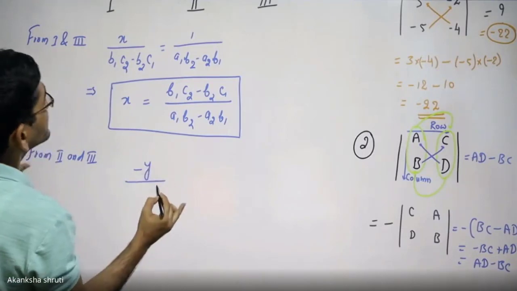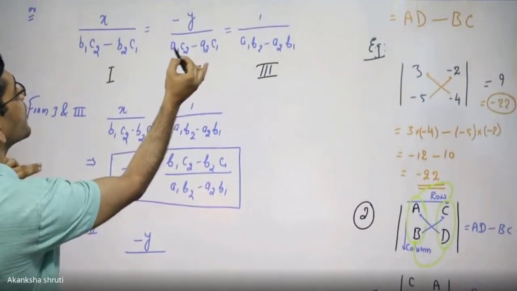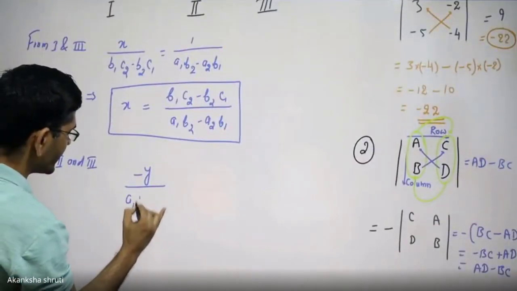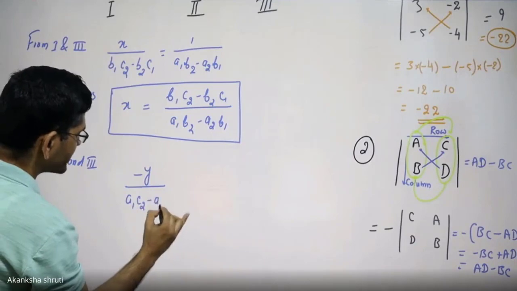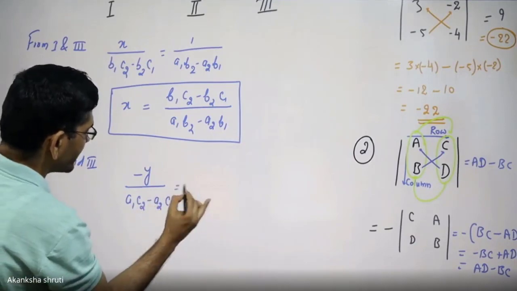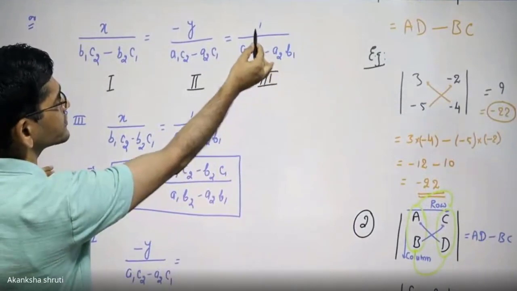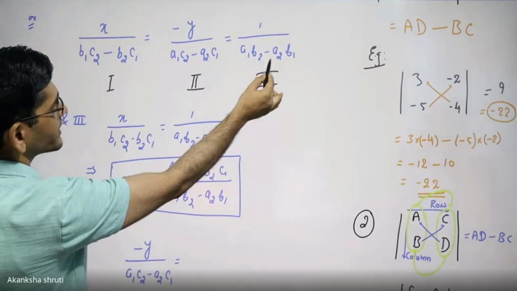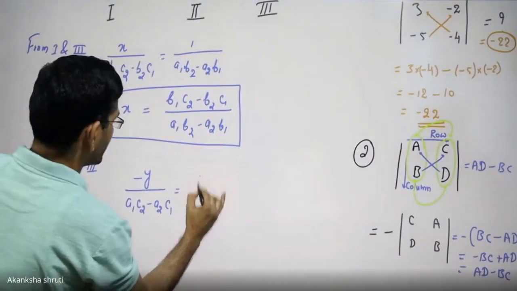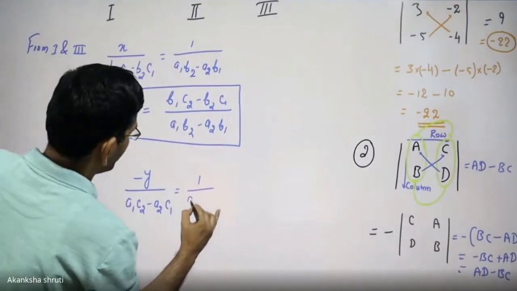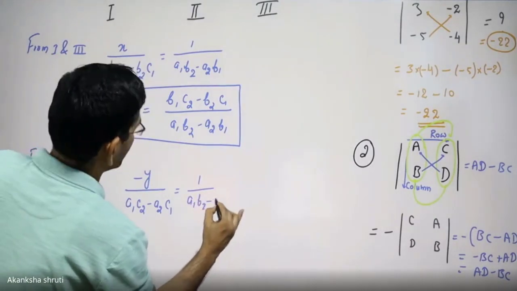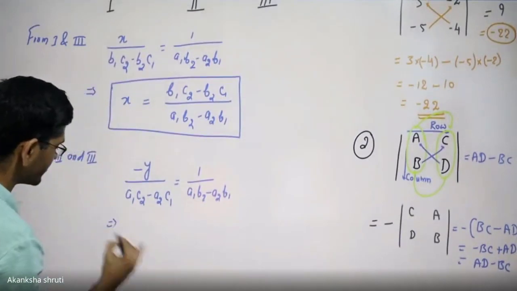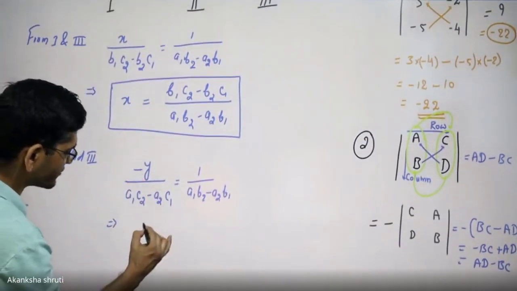Minus y, the denominator is A1C2 minus A2C1, and the third ratio is our 1 by A1B2 minus A2B1. From this, the value of y, student, this is minus y.